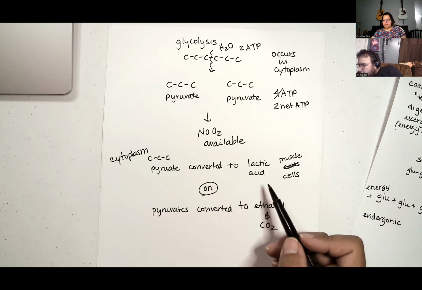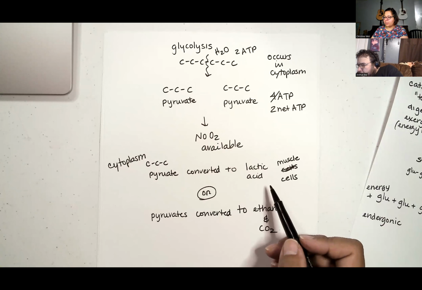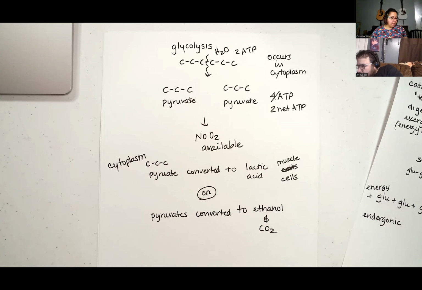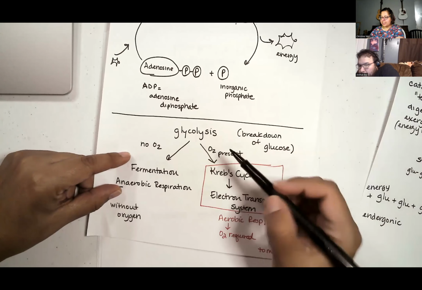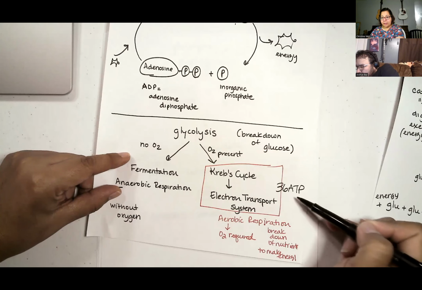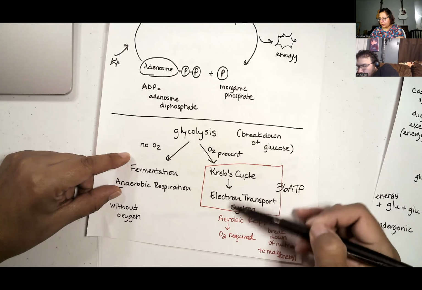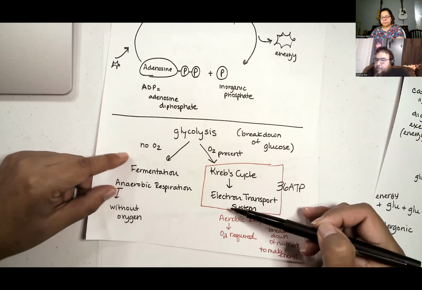So if you are exercising intensely, or if you are exercising for the first time in a long time, you're going to require a lot of energy and a lot of oxygen to keep up the exercise level. So you're going to try and undergo aerobic respiration.